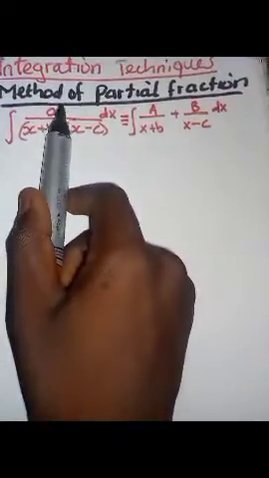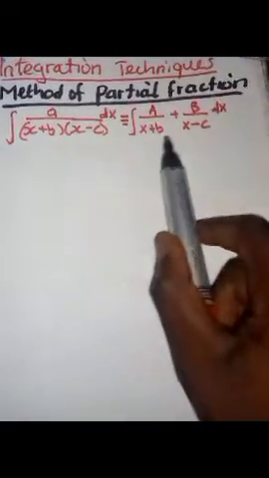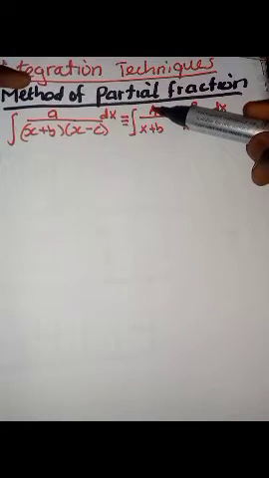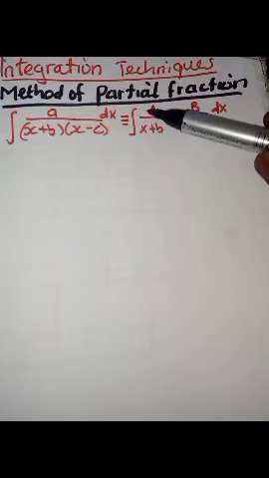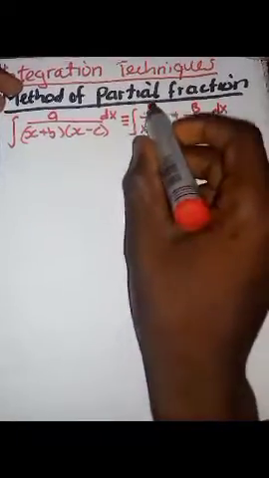Now once I can express this in partial fraction form, I can simply go ahead to integrate term-wise. A and B must be constants, so they come outside the integral.